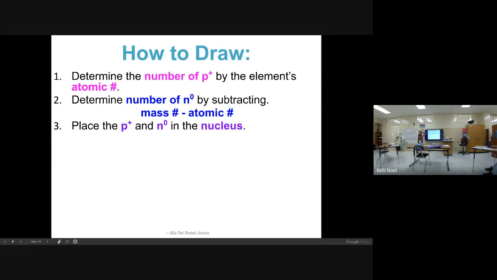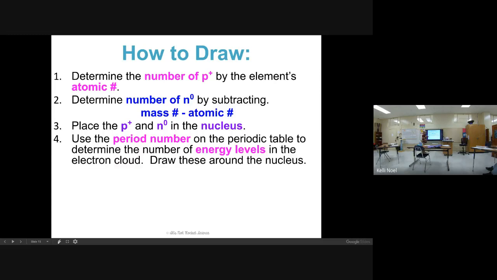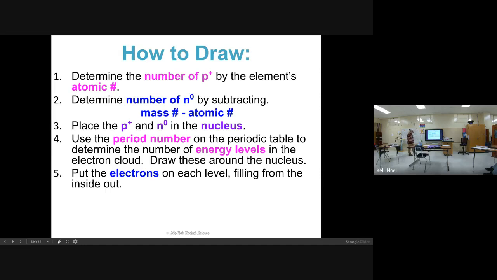You write the symbol and the number of protons and neutrons in a circle to represent the nucleus. And then you use the period number, that's 1 through 7, to determine how many rings you draw around the nucleus. And then you're going to put electrons on each level, filling from the inside out.